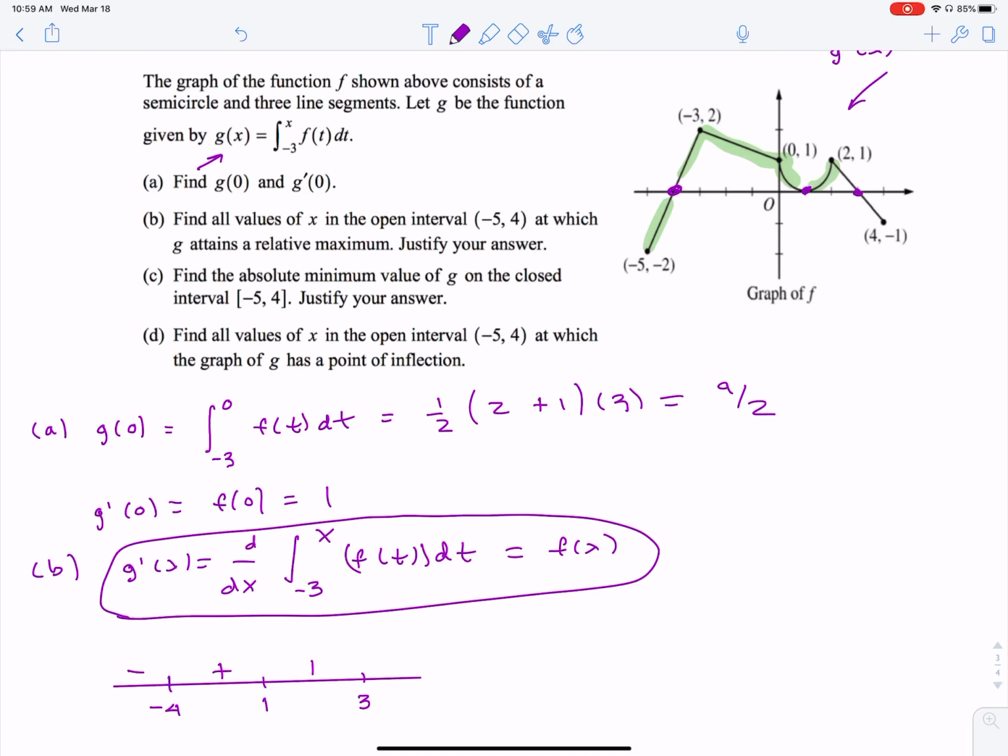That remains true all the way until it gets to 3. And to the right of x equals 3, it dips down to negative. So what does that tell us? It tells us that we have a relative minimum at -4, some sort of stall at x equals 1, and a relative maximum at 3.